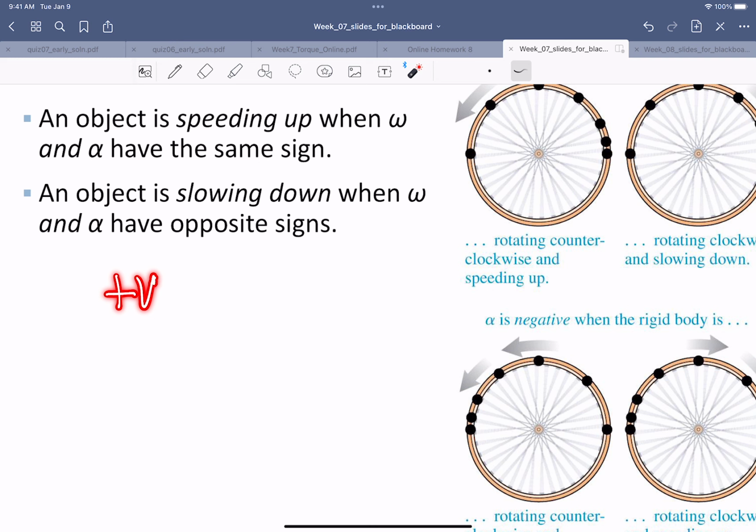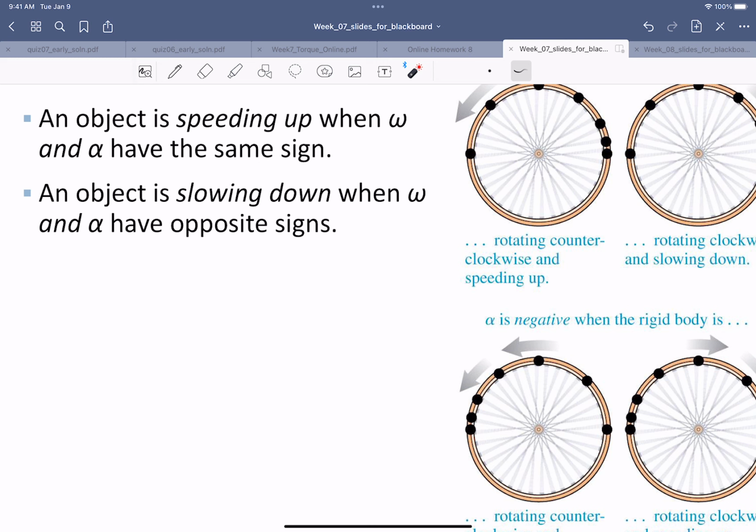If I'm slowing down while moving to the right on the positive x-axis, so I have positive velocity, then acceleration is negative. It opposes it. If I'm speeding up while moving to the right, it's positive velocity and positive acceleration. I accelerate forward in that same direction, I speed up.